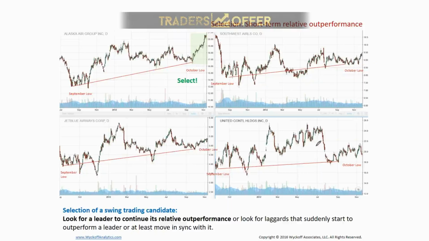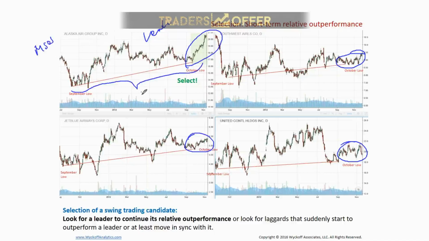Another thing that is catching my eye right away is the September-October period right here. Alaska is already traveling to the upside, whereas other stocks are not progressing to the upside as much. So again, because Alaska was a leader and it's in the major sign of strength, this whole thing is just a backing up action trading range.